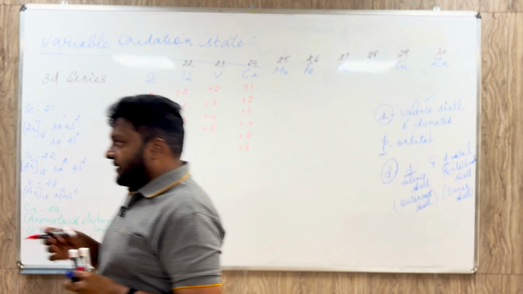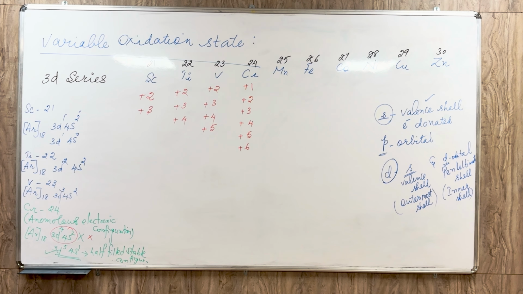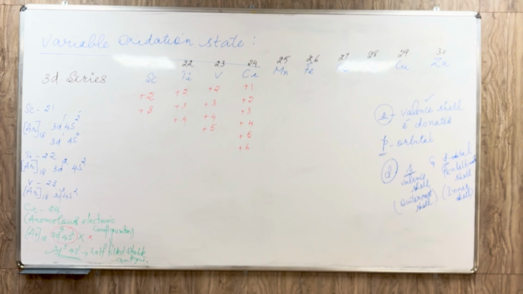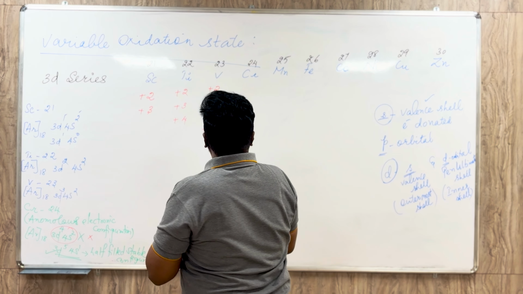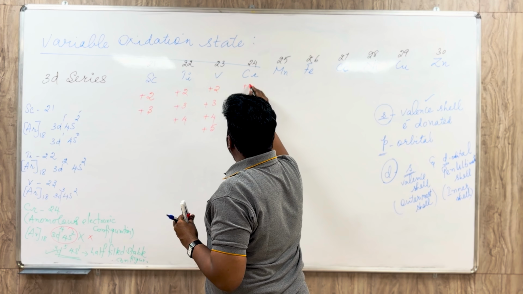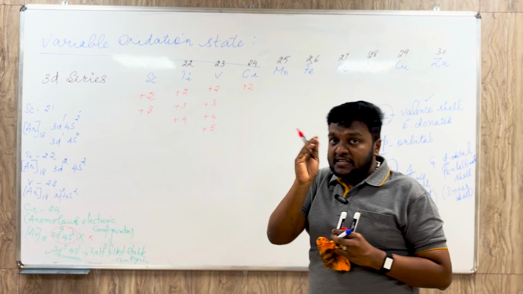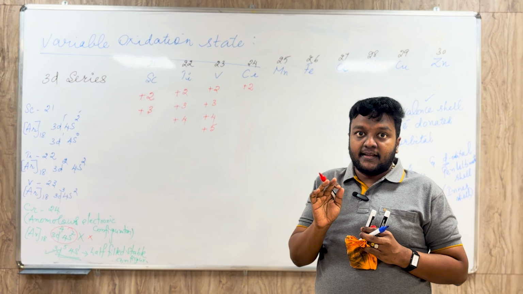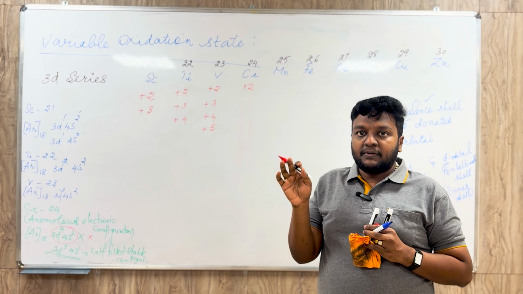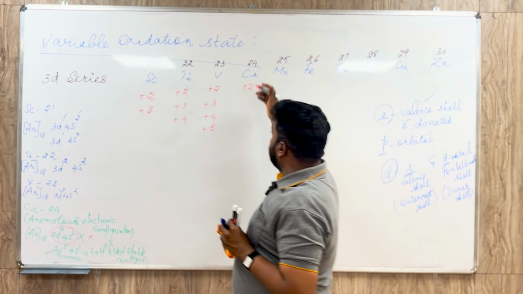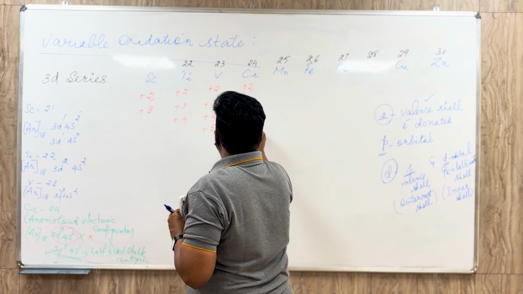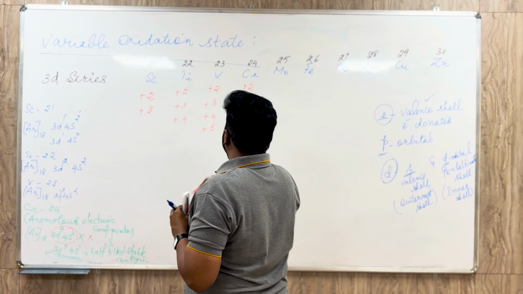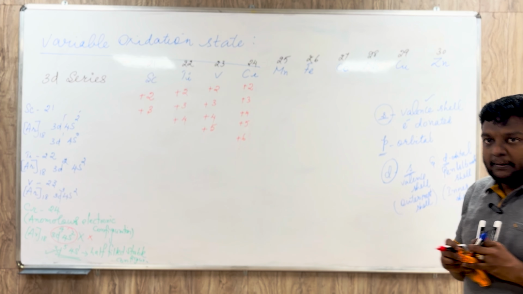Sometimes, instead of attaining +1, chromium straight away goes into the +2 oxidation state. Sometimes +1 is also possible; I am not saying +1 is not possible. It is possible. So +2, +3, +4, +5 and +6 are the possible oxidation states for chromium.